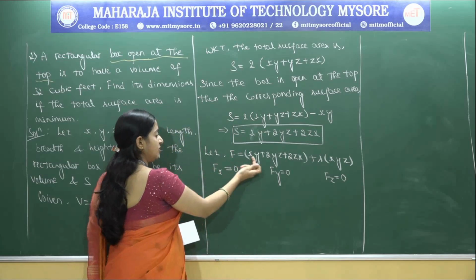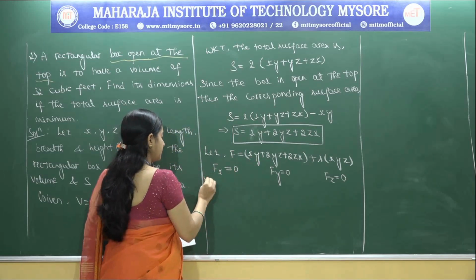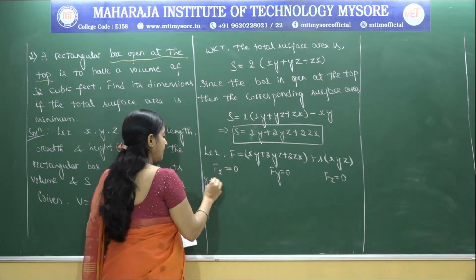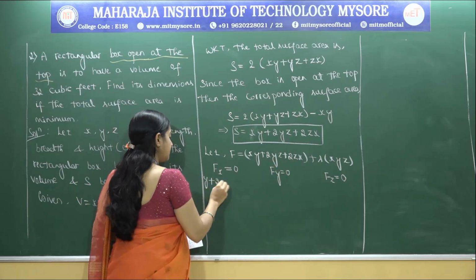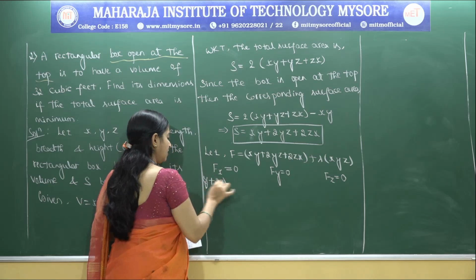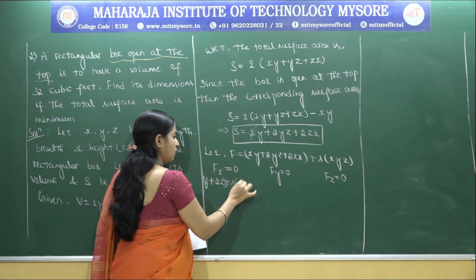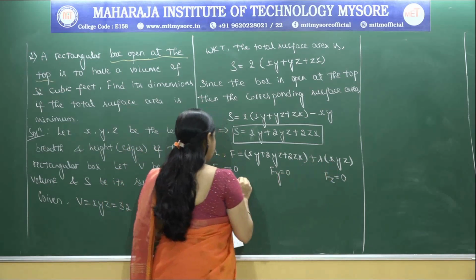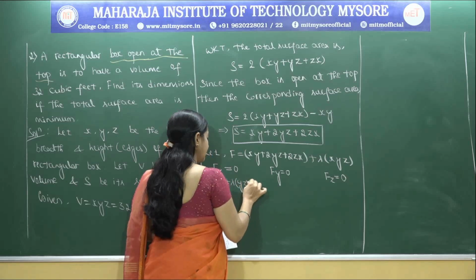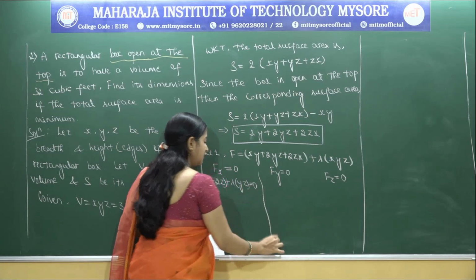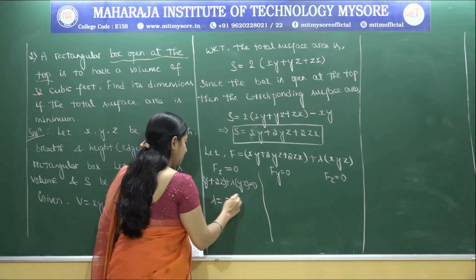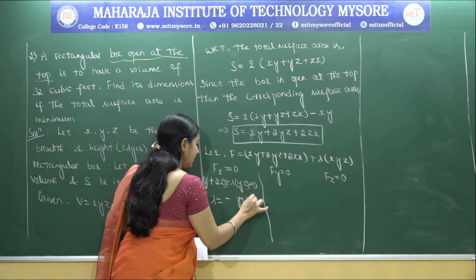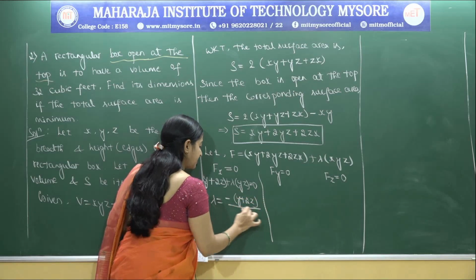So using the first one, you have to differentiate with respect to x, you will get y. Second term, the differentiation is 0. Third one, the differentiation of x is 1, plus lambda times the differentiation of x is 1, you will get yz equals 0. This is the first part. So lambda, you can also write, lambda equals minus y plus 2z divided by yz.